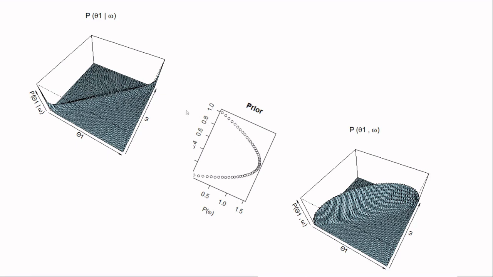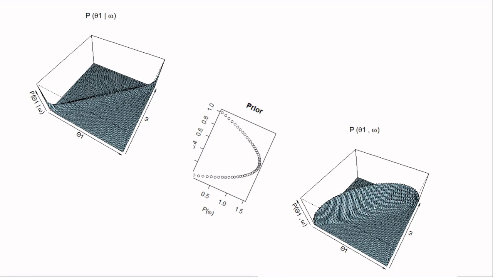If you do this for all these lines with different omega values, then you end up here at our joint probability distribution of theta 1 and omega. And now you see, because we have more prior weight, more probability in the prior, at intermediate values of omega, our probability density distribution also shifted, so that we have the highest values here.